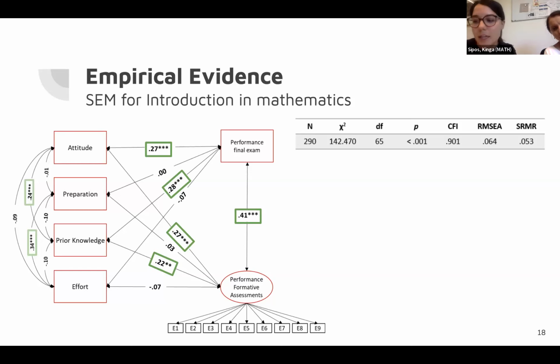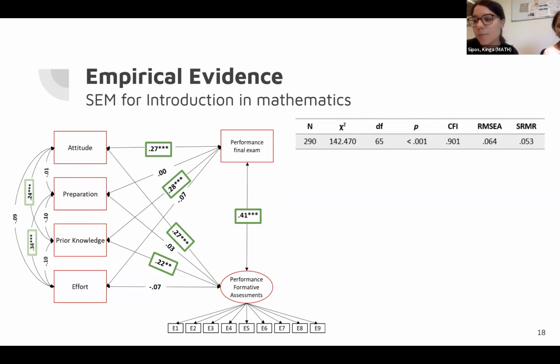But in our case here, we are dealing with a situation where the sample exhibits minimal variation in terms of attitude or preparation. As a consequence, it is difficult to identify any correlations. This appears to be a common problem in our research context, especially when it comes to higher education.